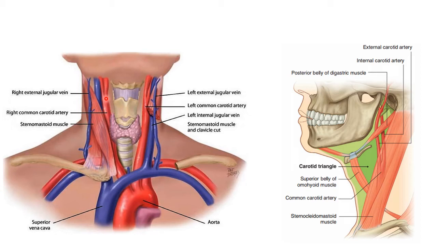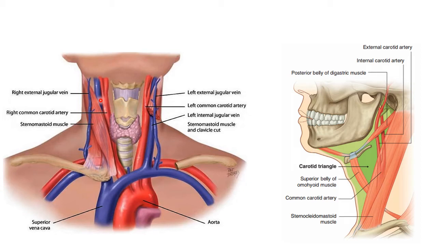It contains the receptors which monitor changes in the blood pressure, and they are innervated by a branch of the glossopharyngeal nerve. Another collection of receptors occurs in this area of bifurcation and is responsible for detecting changes in the oxygen content of the blood.